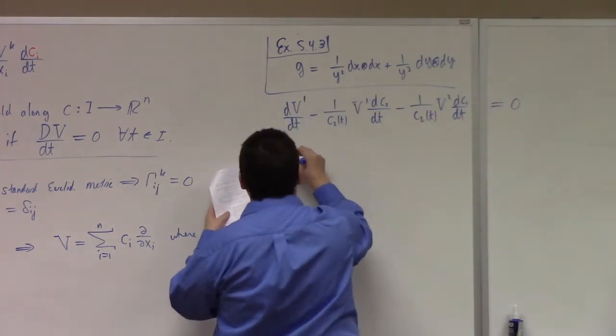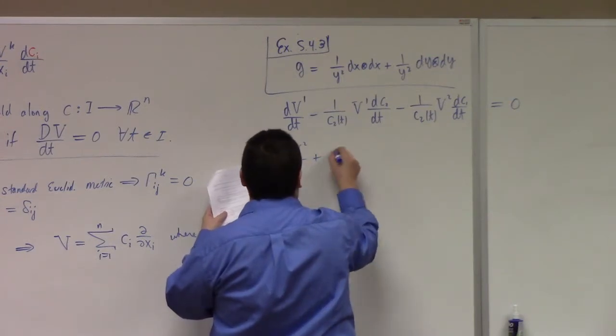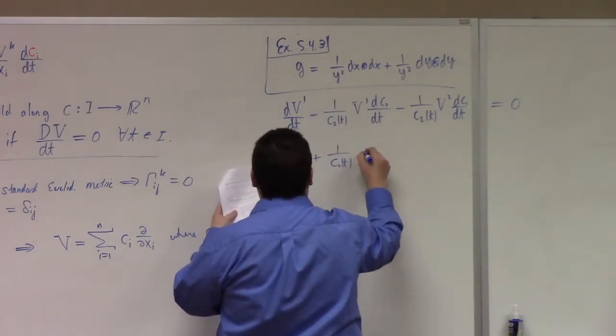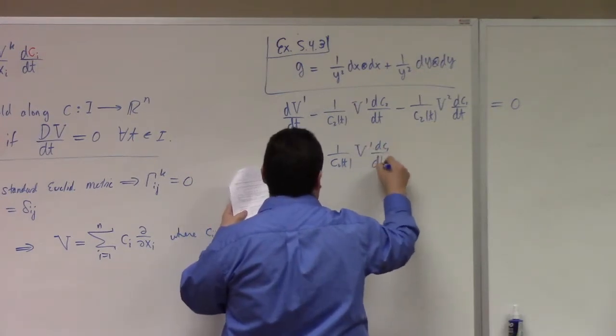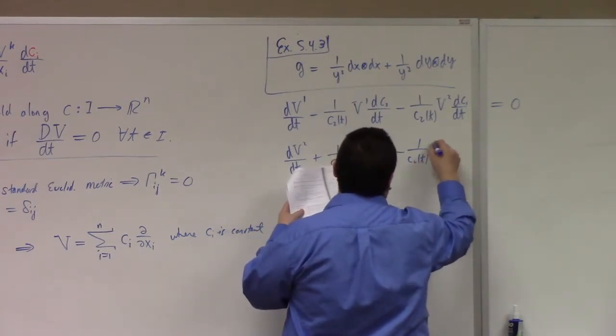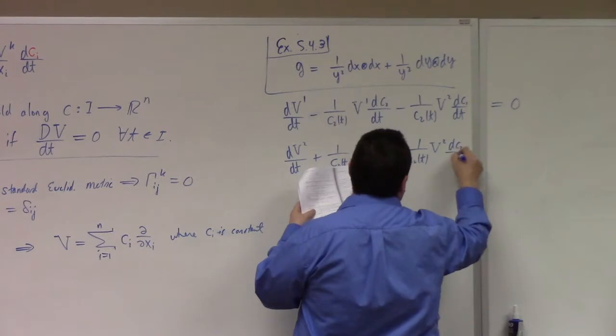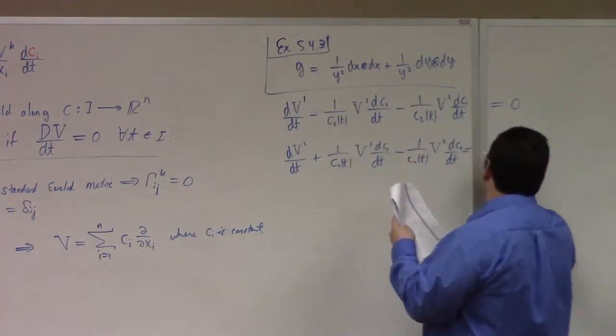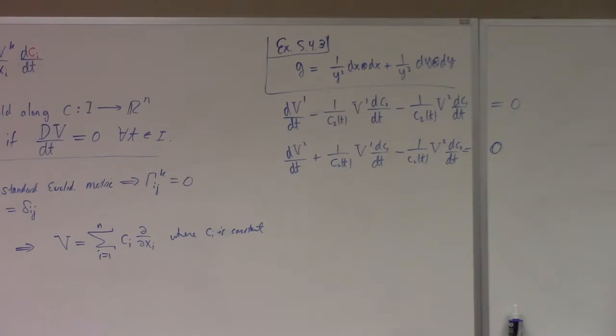And then the other one is dv^2/dt plus 1 over c^2 of t, v^1 dc^1/dt minus 1 over c^2 of t, v^2 dc^2/dt equals 0. So these equations we'd have to solve; given a curve, you could try to solve these to find v^1 and v^2, which gave you an example of a vector field which was parallel along the given curve. But you can't solve this here because the curve is also arbitrary. This is just the setup for an arbitrary curve.